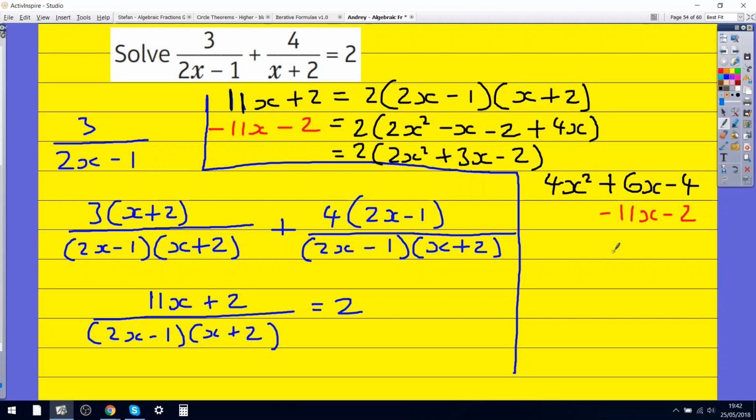So 4x squared minus 17x minus 6. Plus 6 minus 11. Minus 5x. Yeah. Minus 6. That's it. And what's now on the left side? 0. And how would we solve that? So 4 is A, B is minus 5, and C is minus 6. That's it. And you just sub them into the formula and put it in your calculator. Yeah. Any questions there?